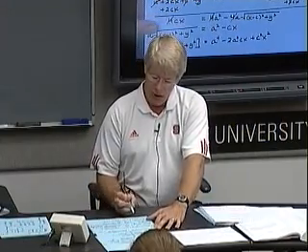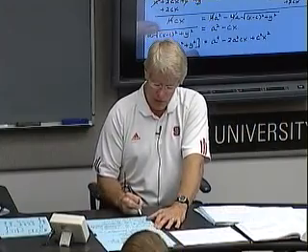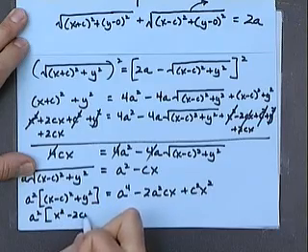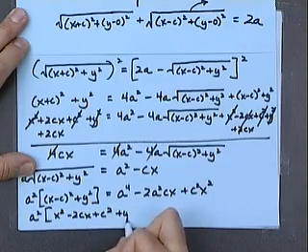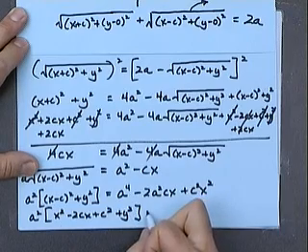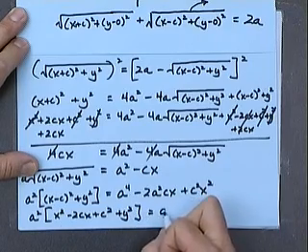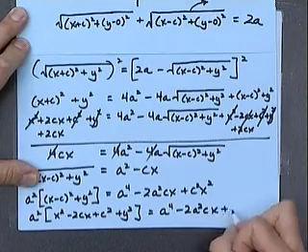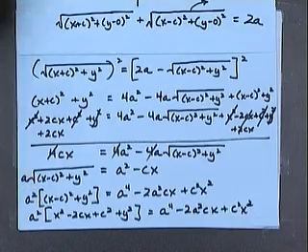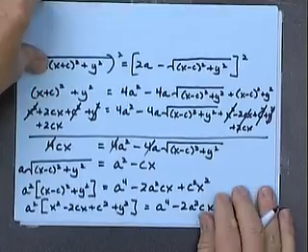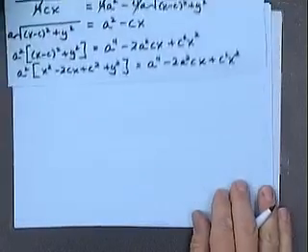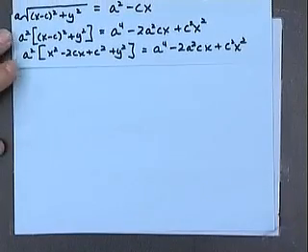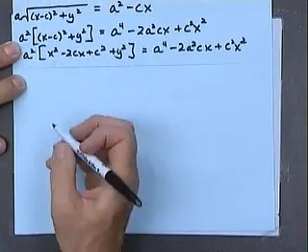All right, let's expand things. So we've got x squared minus 2cx plus c squared plus y squared. Let's distribute the a squared to each of these.